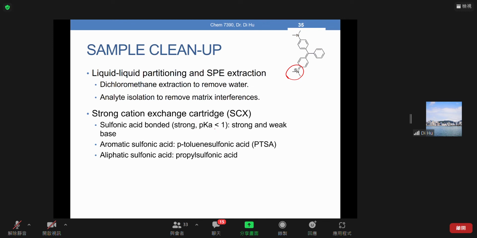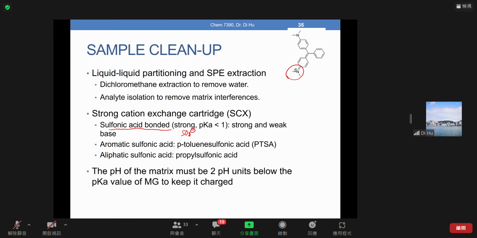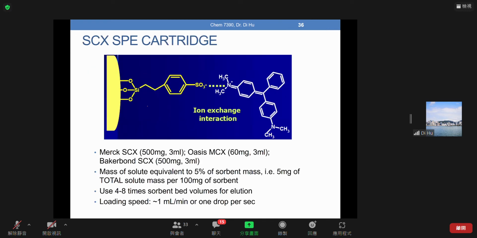Okay, and you can see that with a strong cation exchanger, it has sulfonic acid bonded. That means the stationary phase is negatively charged, as you show here. This is a strong cation exchanger, so it can retain the melatonin green or leucomelatonin green, which will be NH plus, right?